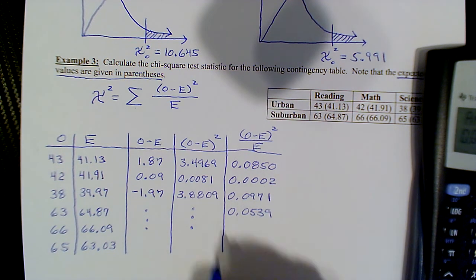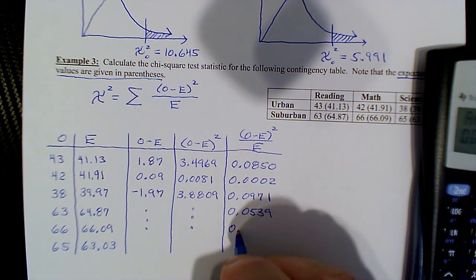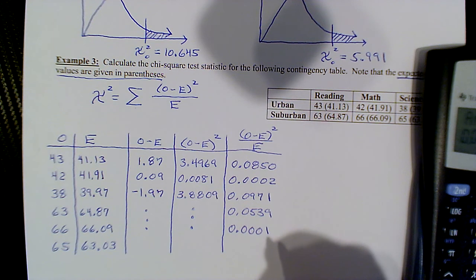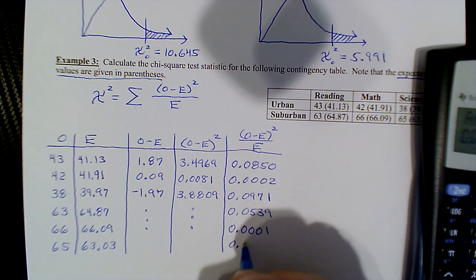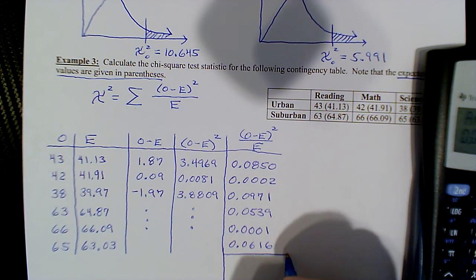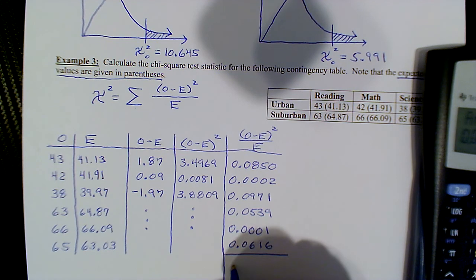So if you want to write these numbers down in the middle columns, that's fine, but really not necessary. And you could double check the rest of these. 0.0001 rounded, and then 0.0616.